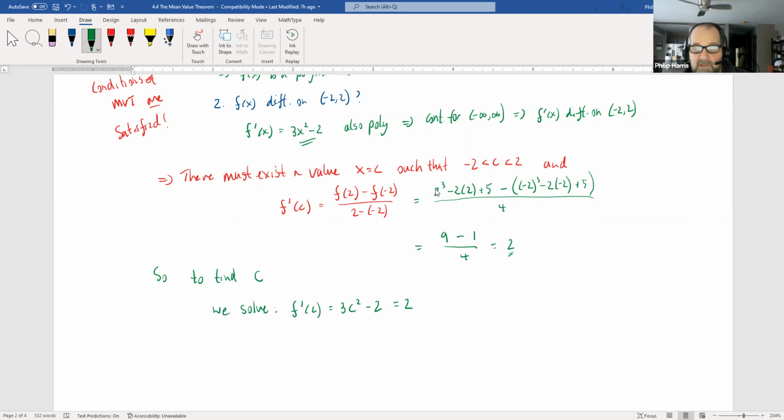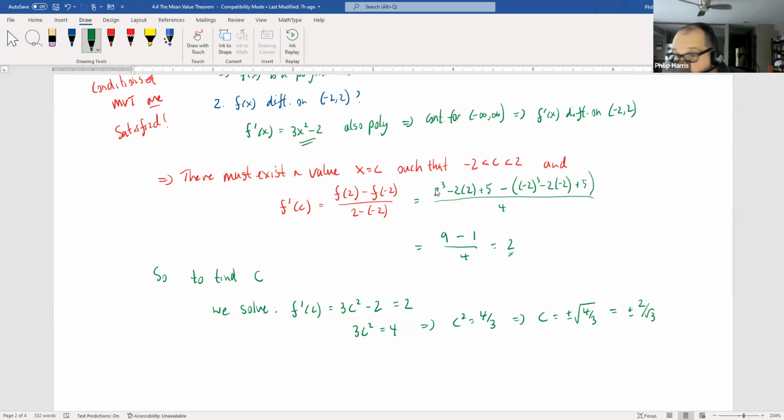Set them equal to each other, solve for c. So this is 3c squared equals 4. This implies c squared is 4/3, and hence c is plus or minus the square root of 4/3, or plus or minus 2 over √3. So these would be our possibilities here.